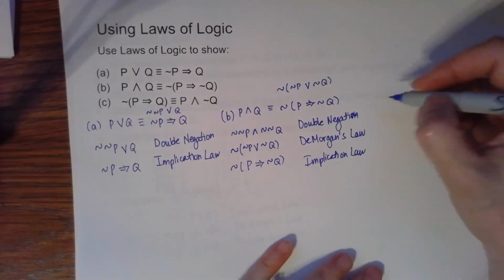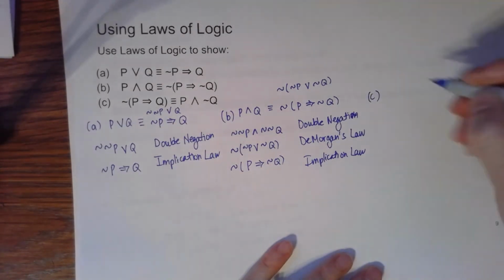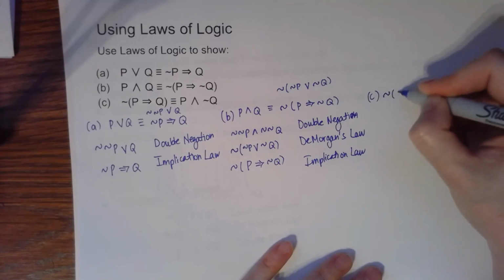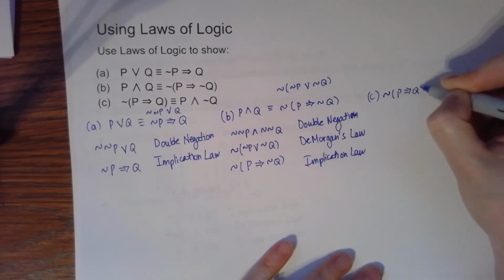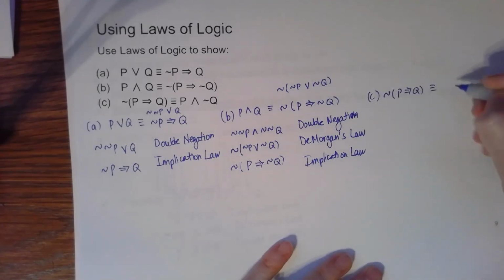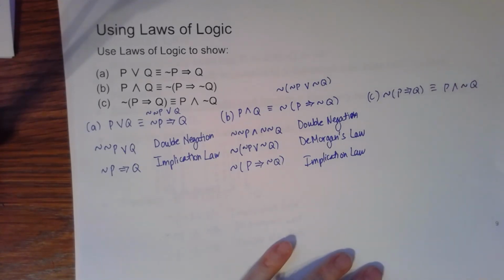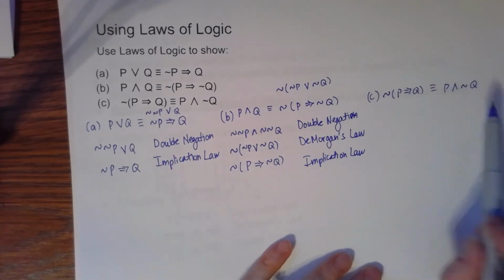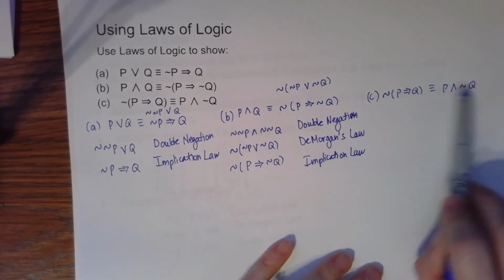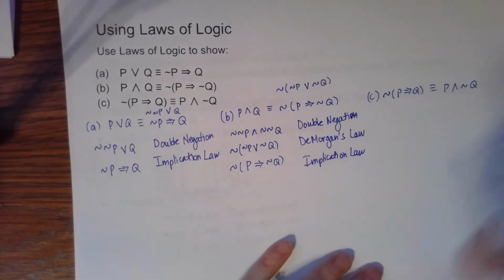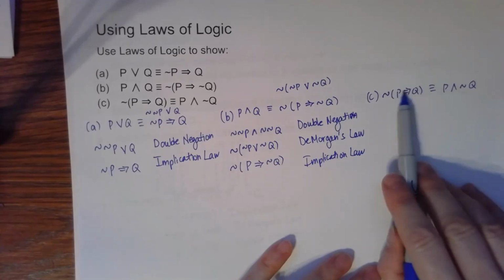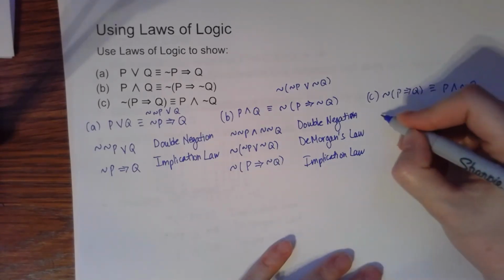All right, and one more. So we have not P implies Q, and we want to show that's logically equivalent to P and not Q. This one over here doesn't have any implication in it, so let's start with the implication law and rewrite this to get rid of the implication.